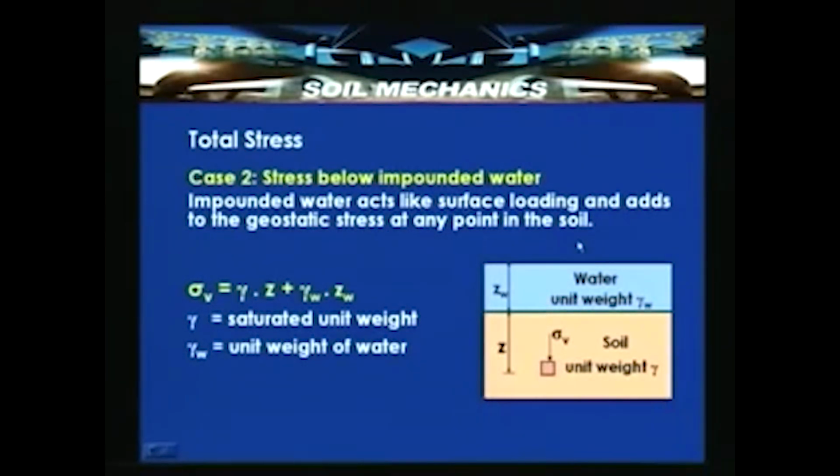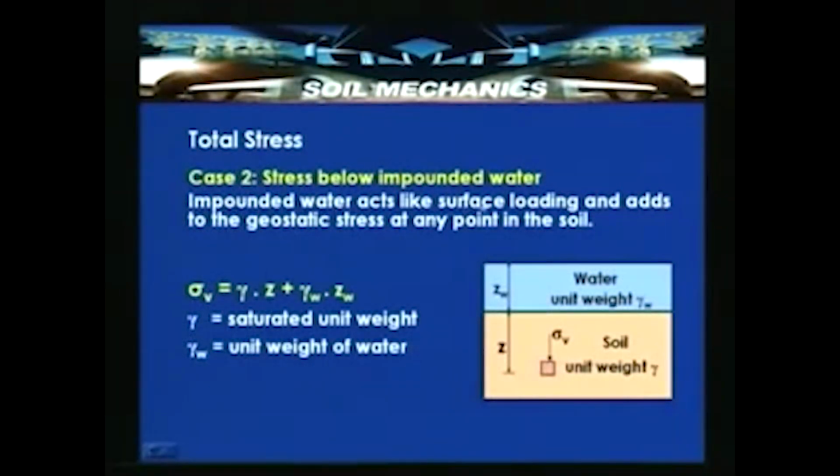This can result, for example, in lakes or river beds. If a 5 meter water level exists above the ground surface, then that can act as a total stress at a certain depth below the river bed. So, impounded water acts like surface loading and adds to the geostatic stress at any point of the soil.